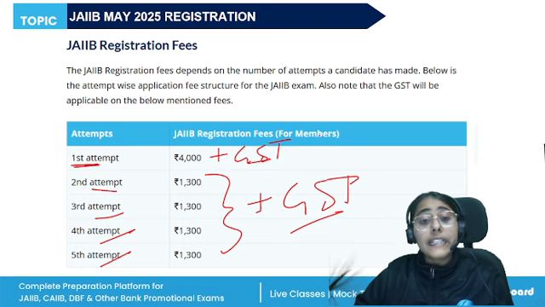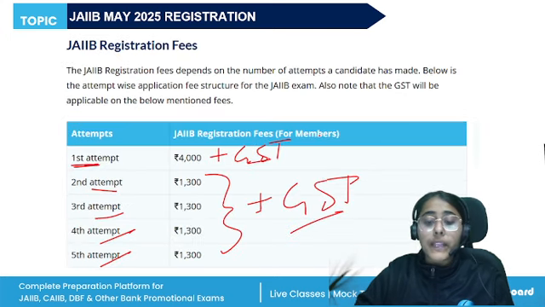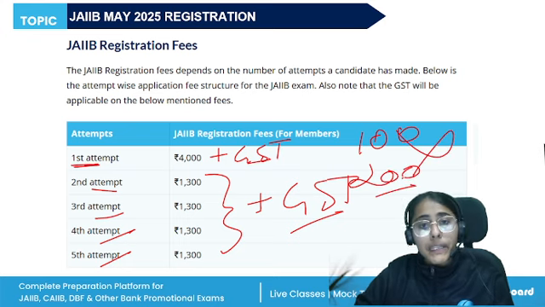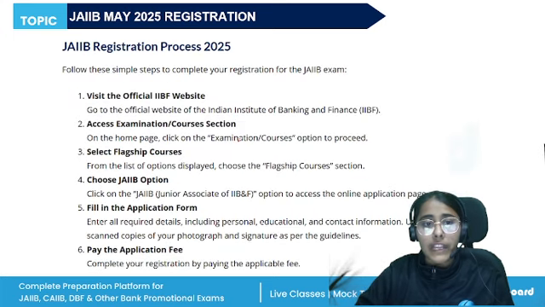And if you make the delay, like we just discussed, beyond 10th of February, starting from 11th to the 24th, you'll have to pay the additional fees of rupees 100 and 200. So avoid this additional fees. Simply pay the normal exam fees and register yourself before 10th of February, that is starting from 4th to 10th of February 2025.